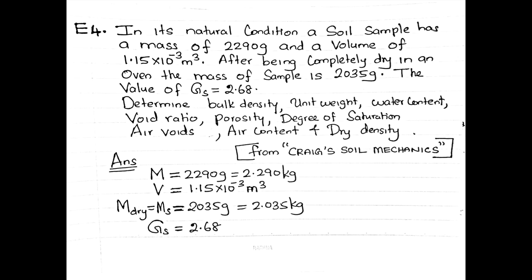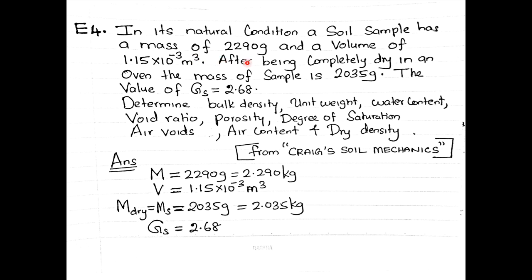Example 4. In its natural condition, the soil sample has a mass of 2290 gram and volume of 1.15 into 10 to the power minus 3 meter cube. That is 1.15 liter.